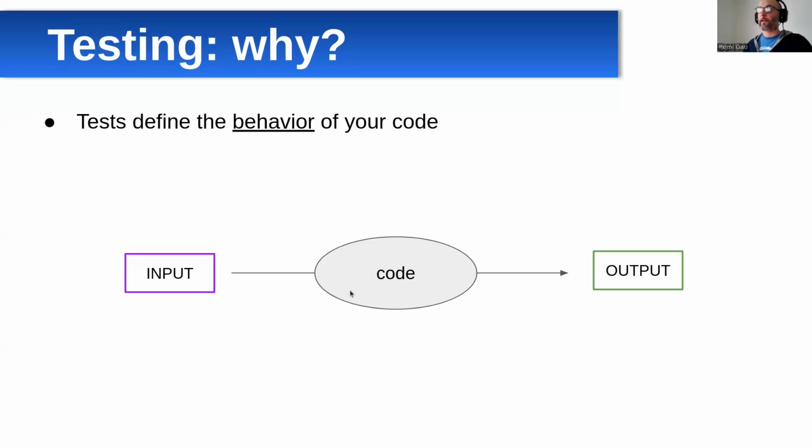We just care that for those inputs, that function will always give us that output. And this relationship between input and output is how we define the behavior of the code. Tests allow you to define that behavior and lock in place this relationship: if I give you this input, you're always going to give me this output.